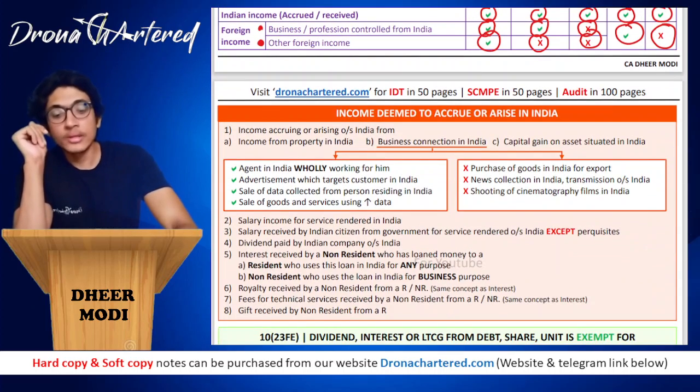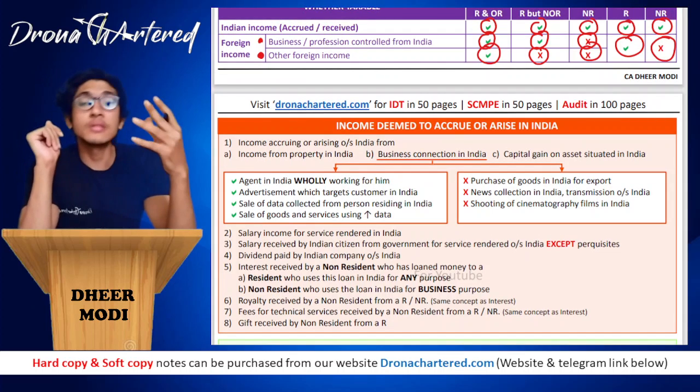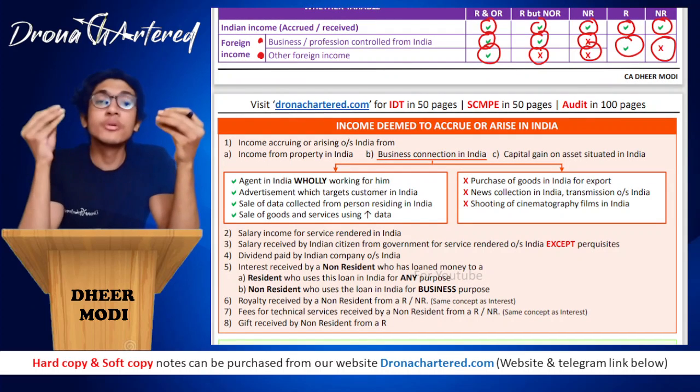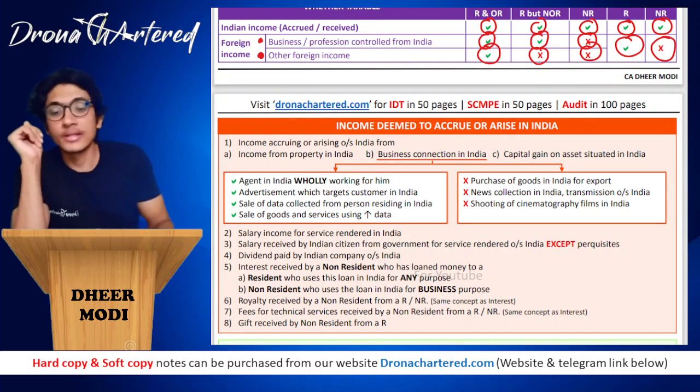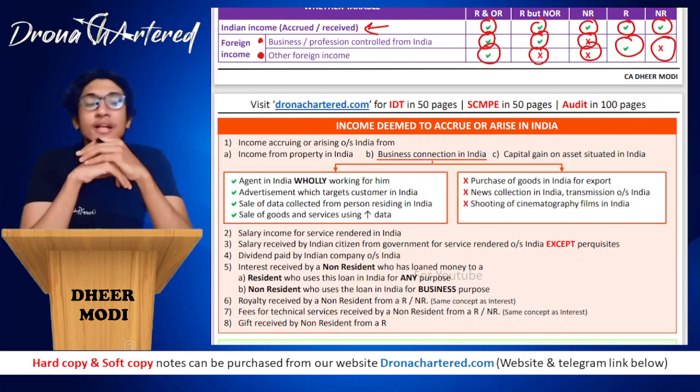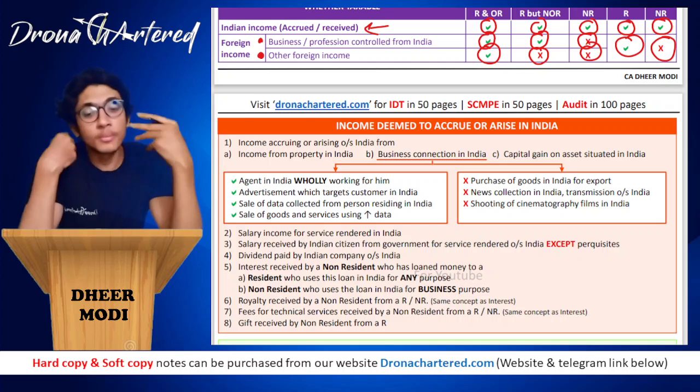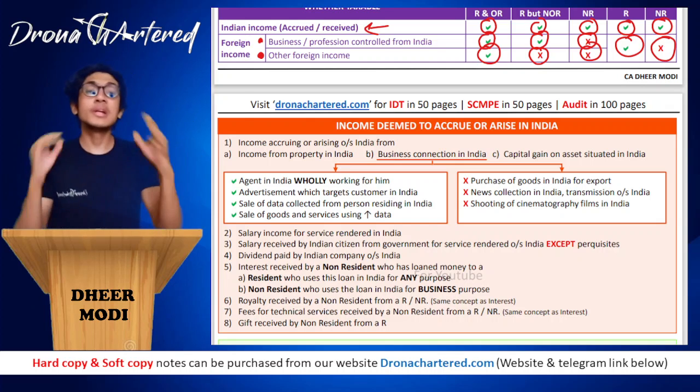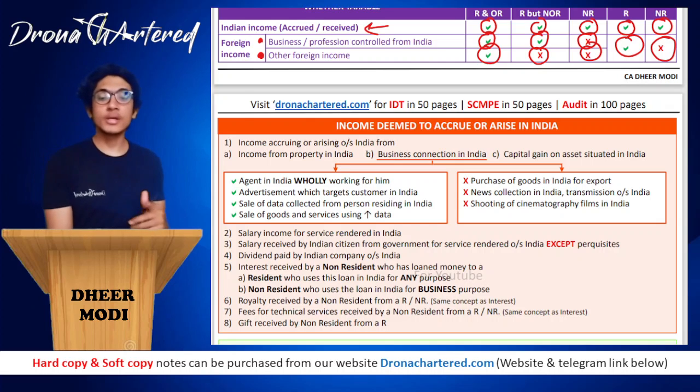Great. So now there are some transactions where income will be deemed to accrue or arise in India. That means even though income has not actually accrued or arrived in India, because of law, we will deem this income to be accrued in India.